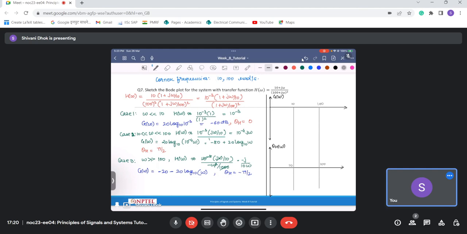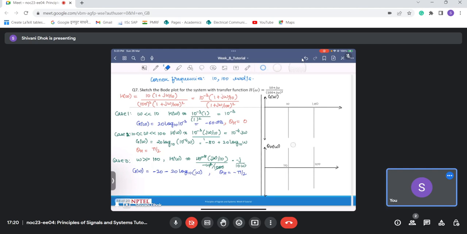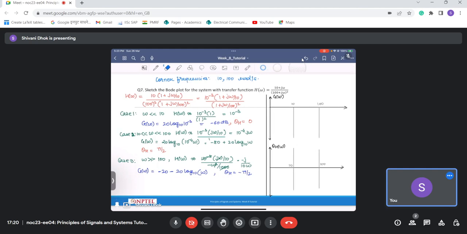Now it is like this. This is minus 60 dB. Till 10 it goes as minus 60 dB, something like this.